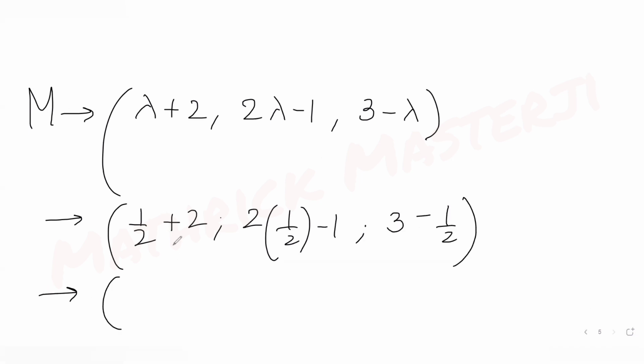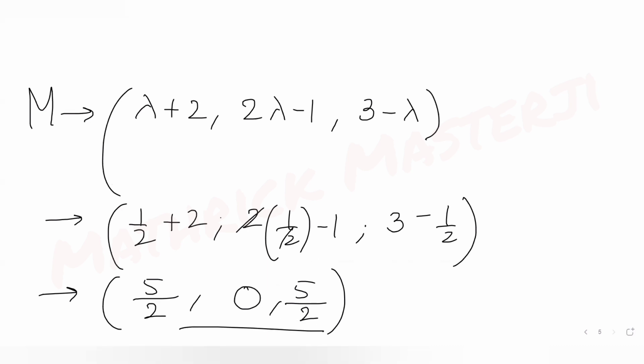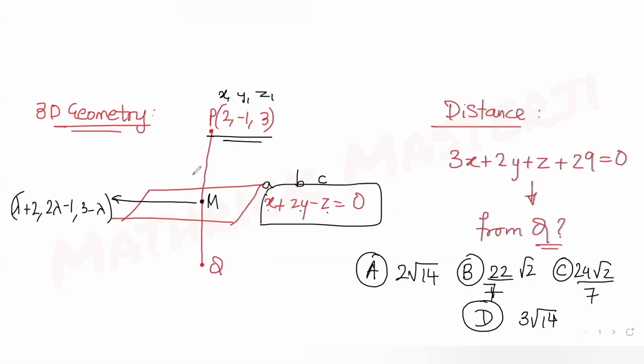So 2 plus half is 5 by 2, 2 into 1 by 2 is 1 and 1 minus 1 is 0, and 3 minus half is 5 by 2. The coordinates of point M turn out to be (5/2, 0, 5/2).